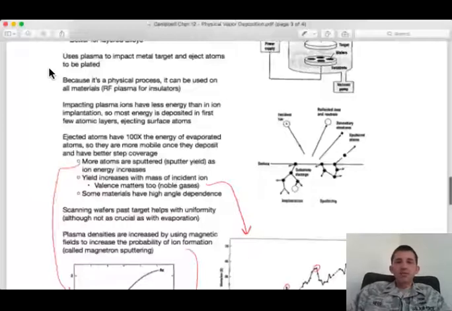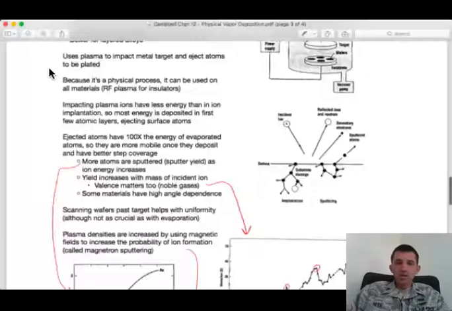But that energy ends up being kind of buried down into the substrate. Here, these plasma ions have less energy, which means they tend to be deposited in just the top layers, which actually increases the rate at which atoms are ejected, right? Because the energy is being concentrated in the atoms that are closest to the surface and are most easily removed.